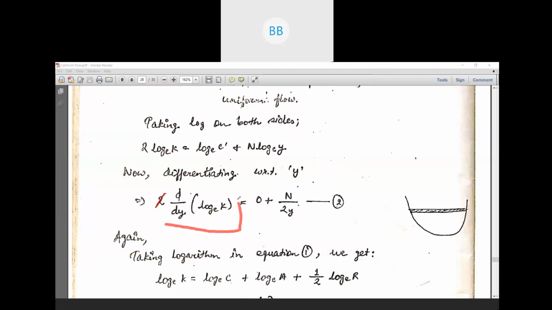So we differentiate d by dy of log K is equal to, log C dash is a constant, and the differentiation of a constant is 0.